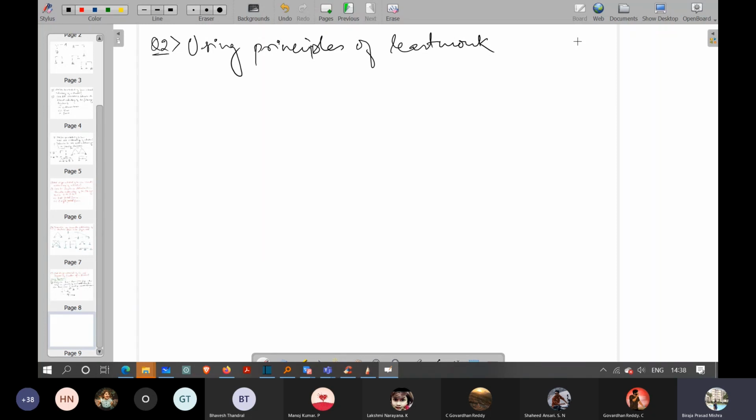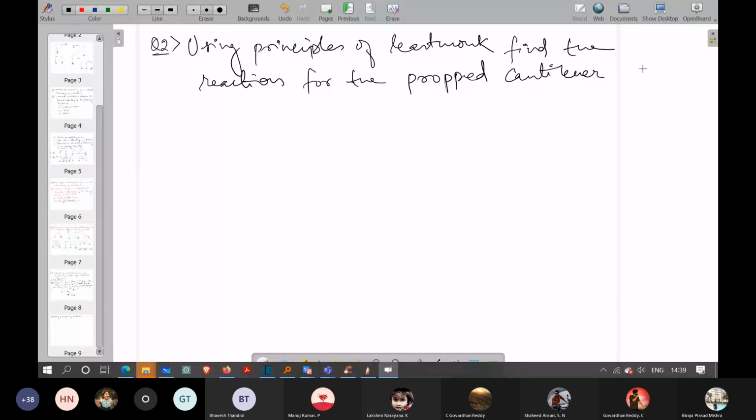Using principles of least work, find the reactions for the propped cantilever beam as shown in the figure below.